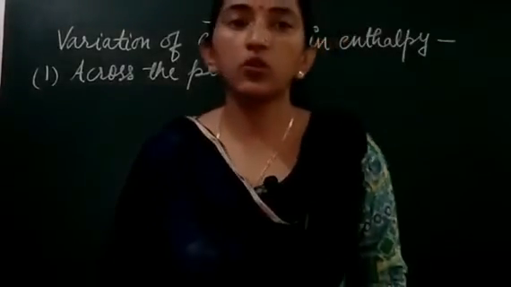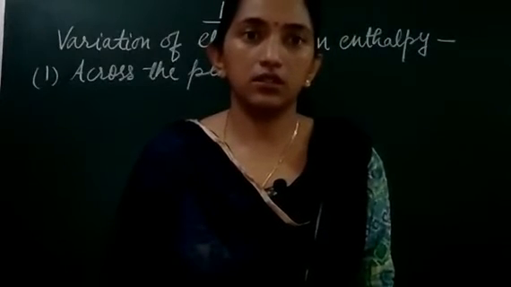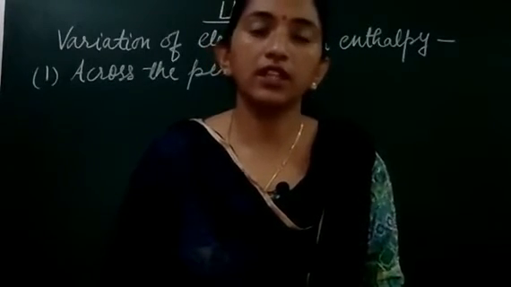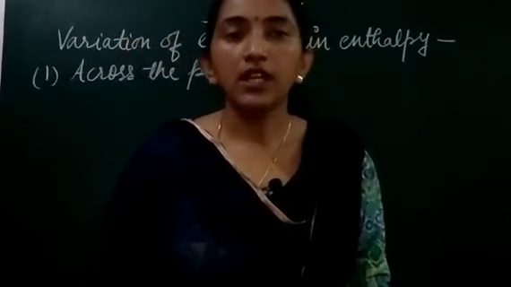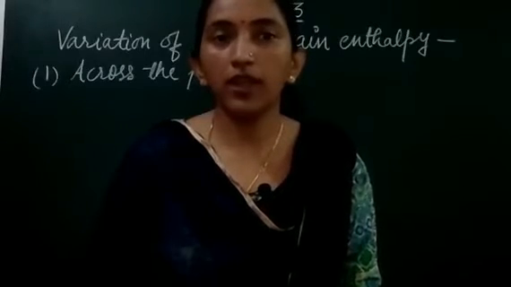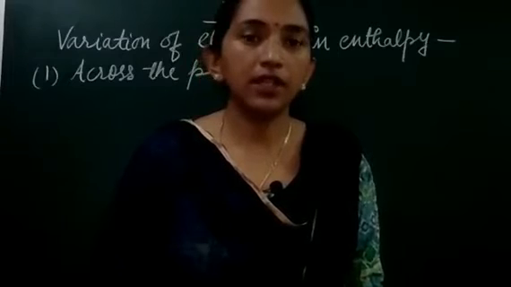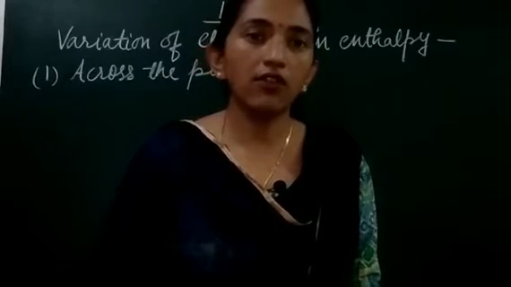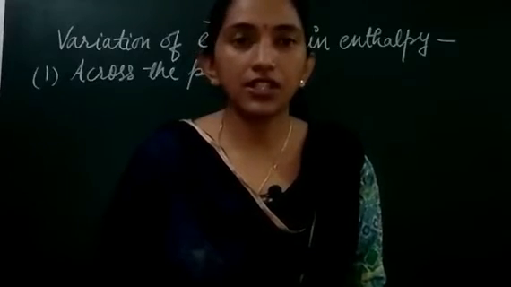Good morning, students. Today we are going to continue with the topic electron gain enthalpy. Just a quick recall: what is electron gain enthalpy? It is the enthalpy change which takes place when an electron is added to a neutral gaseous atom to form a negatively charged ion. It is the tendency of an atom to accept an electron in its gaseous state.